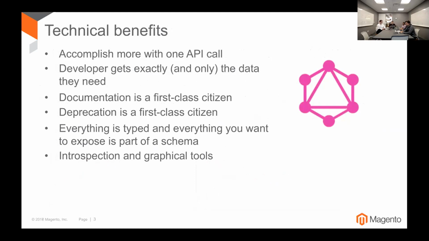There are a couple other advantages of built-in features like documentation and deprecation. Because everything is strongly typed and everything you want is part of the schema, knowing that ahead of time brings you those benefits of documentation, where you can validate the syntax of a query before even sending it to the server.